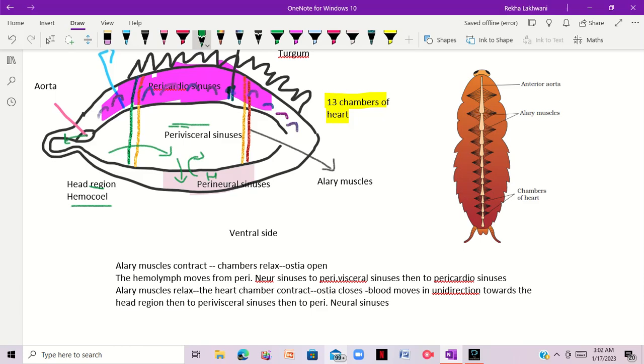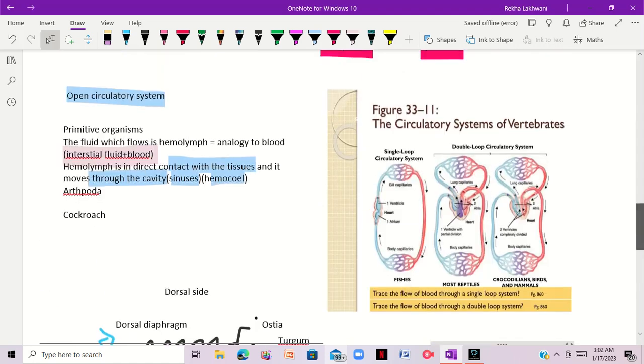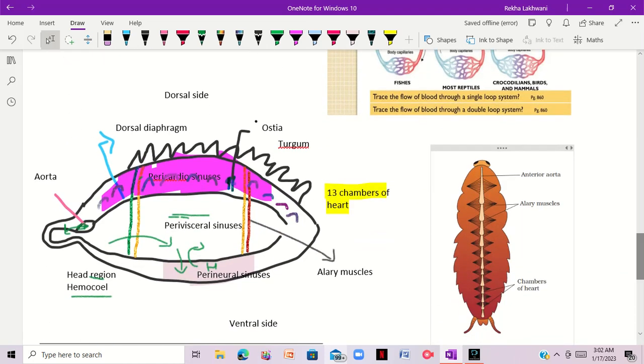As you can see how the hemolymph is moving, it comes in direct contact with the tissues, which means this type of circulatory system is known as the open type of circulatory system. I hope this is clear to you.